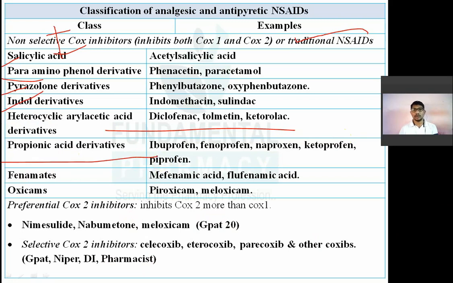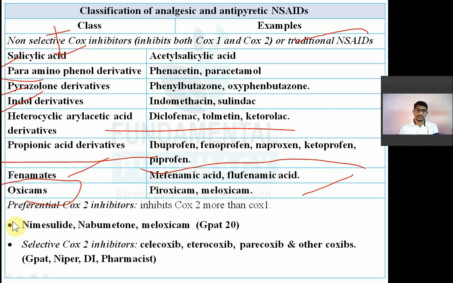In that you have ibuprofen, fenoprofen, naproxen, ketoprofen and pirprofen. Then the next class is the fenamates or fenamic acid derivatives. In that you have two drugs, mefenamic acid and flufenamic acid. And the next class is oxicams. In that you have piroxicam, meloxicam, lornoxicam, etc. This was the traditional NSAIDs.